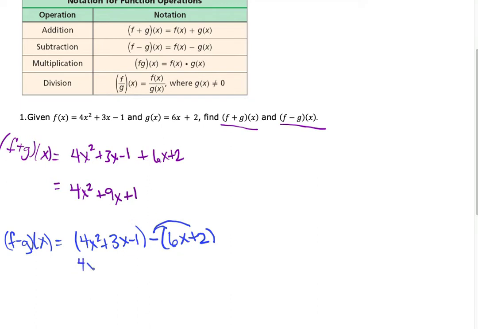So I will rewrite that as 4x squared plus 3x minus 1 minus 6x minus 2. And then I'll go ahead and combine my like terms now. So I have 4x squared. My 3x and negative 6x is negative 3x. And negative 1 and negative 2 is negative 3. And that is my f minus g of x.